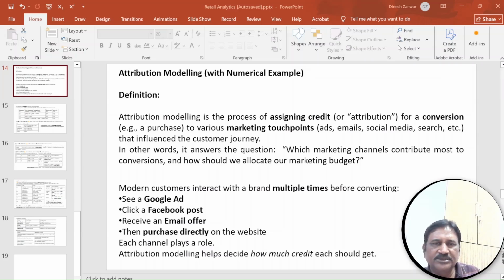Facebook got the first interaction, and also in the third customer and fifth customer. So we will be adding the monetary values of the paths, that is 1,000 plus 1,500 plus 2,500, making the total 5,000, right?